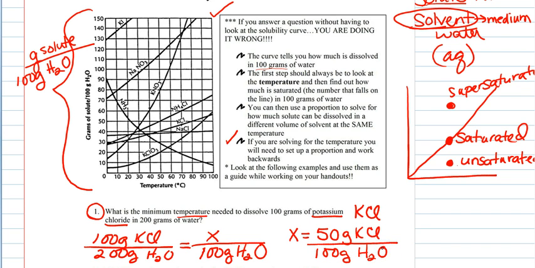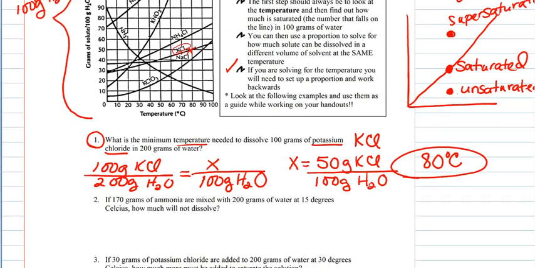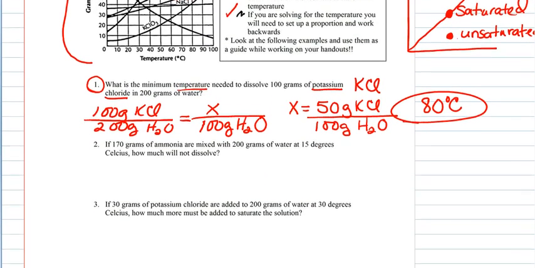So now what I'm going to do is look at potassium chloride on my curve, which is right here, and I'm going to find when there's 50 grams dissolved in 100 grams of water, right around here, and that is about 80 degrees Celsius. That is when I will have a saturated solution of potassium chloride. Voila! Easy, right? But make sure you understand how I solve that.